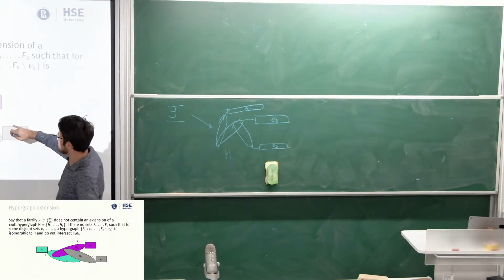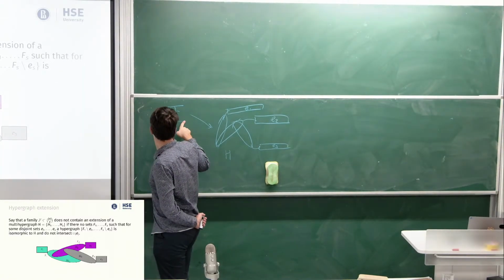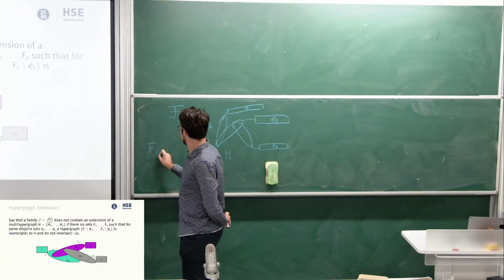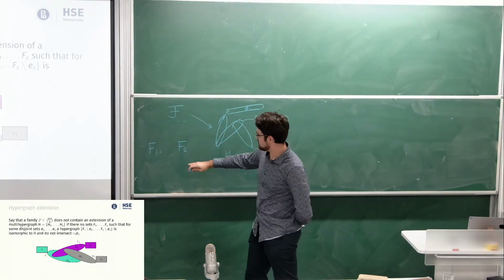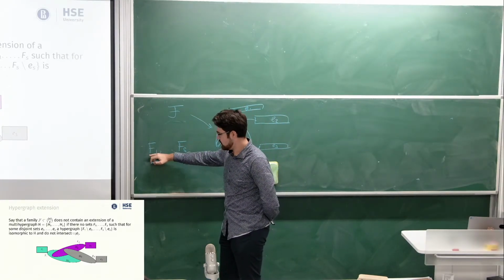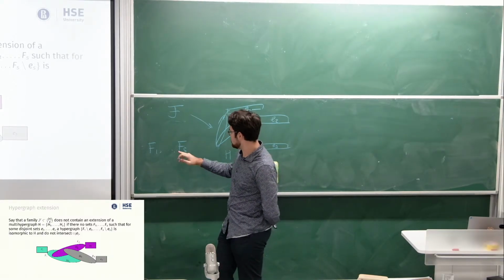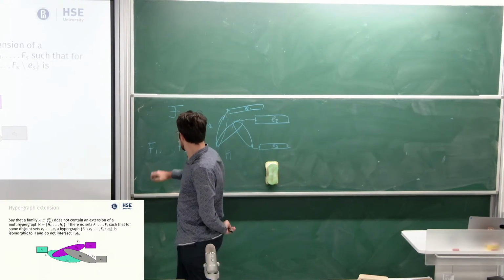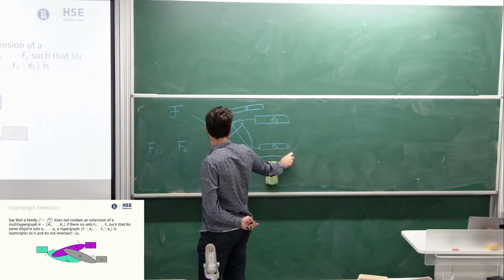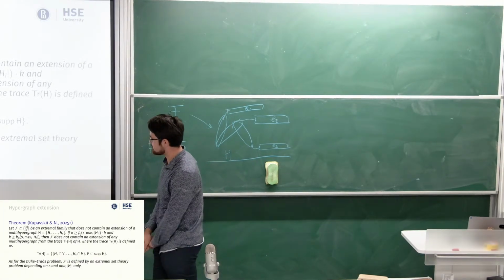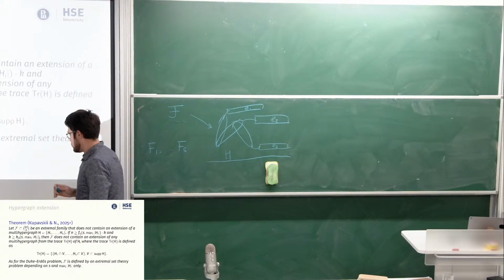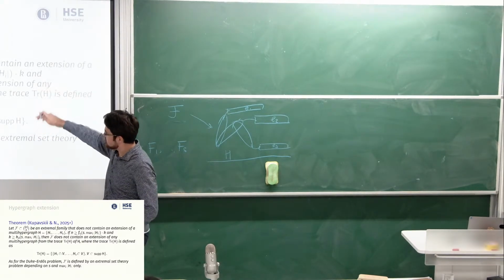So we forbid a configuration on s sets that is isomorphic to some extension of H. What could we say about extremal families?